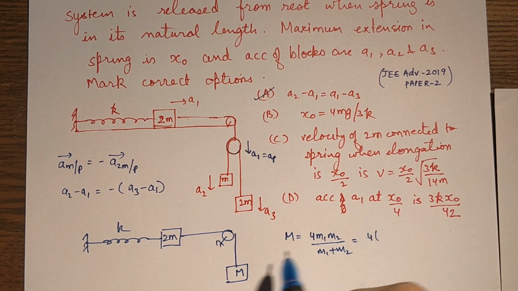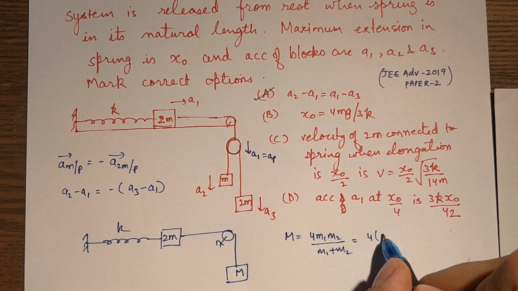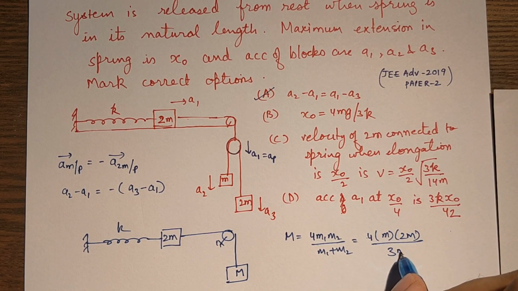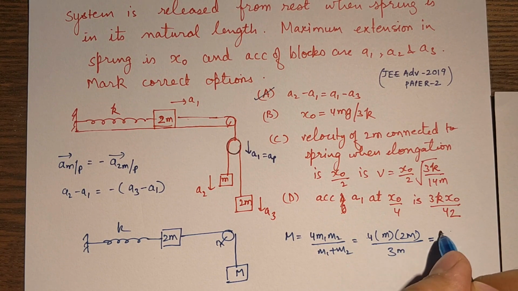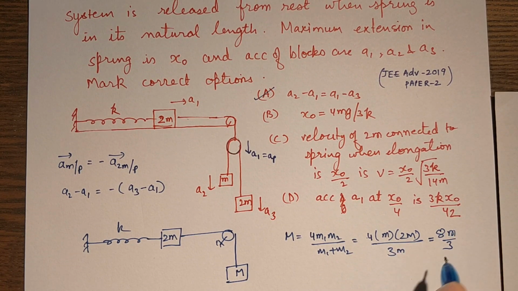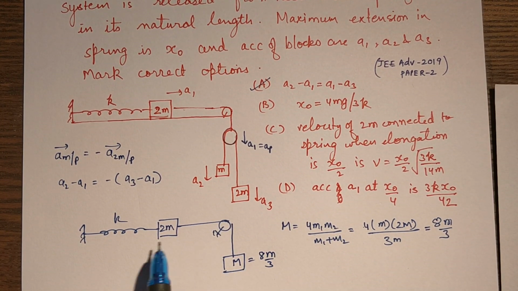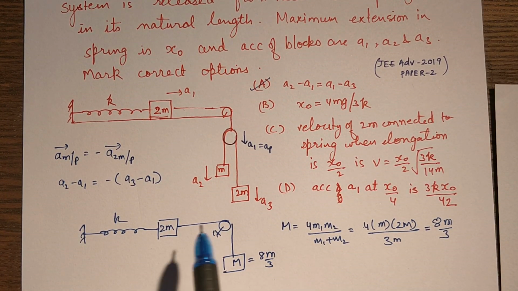So this will be 4 times m into 2m divided by m plus 2m, which is 3m. So this comes out to be 8m by 3. So this capital M is nothing but 8m by 3. Now the motion is pretty easy to understand. This is on the ground, it's like this.